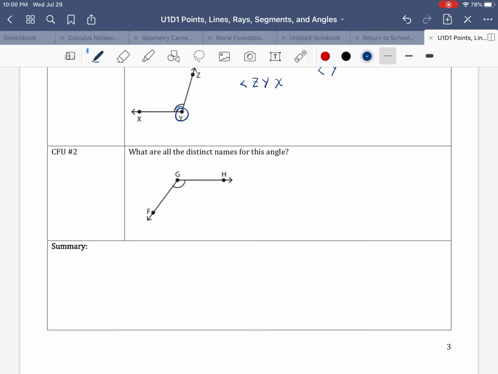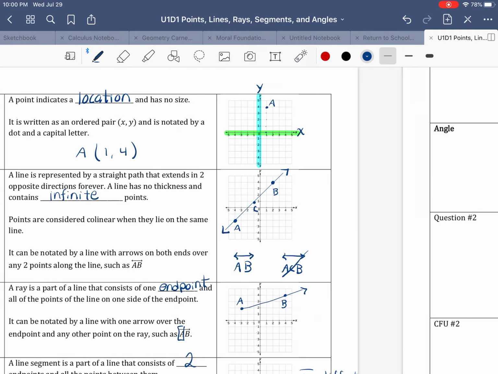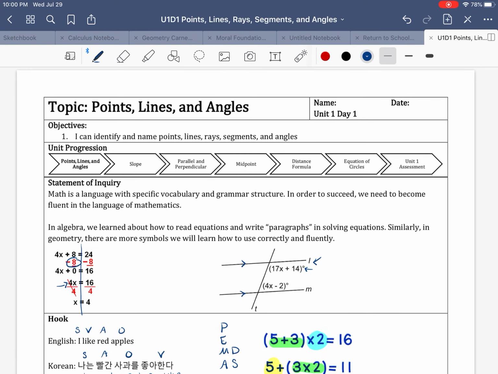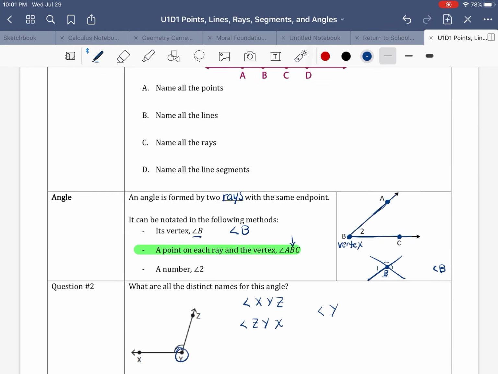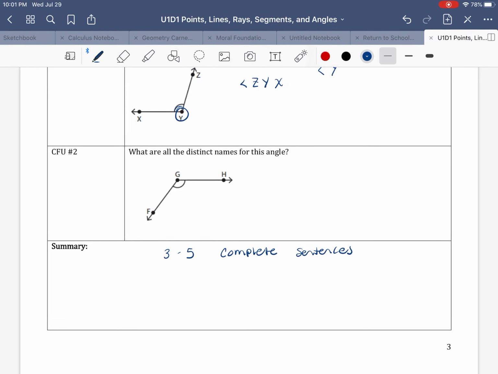My expectation for the summary is that it is 3 to 5 complete sentences. I also ask that you really think about the connection to our statement of inquiry, right? What is that larger picture that I've asked you to think about? And practice using the specific vocabulary, all right?